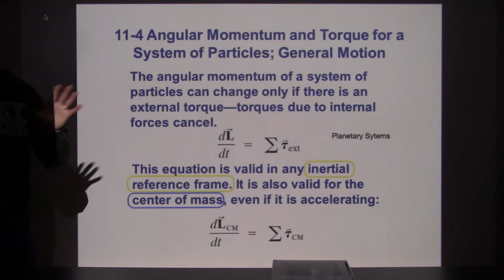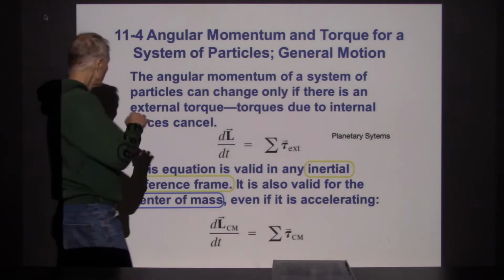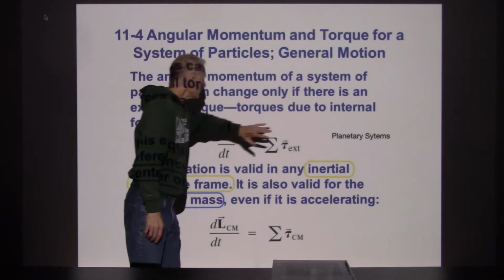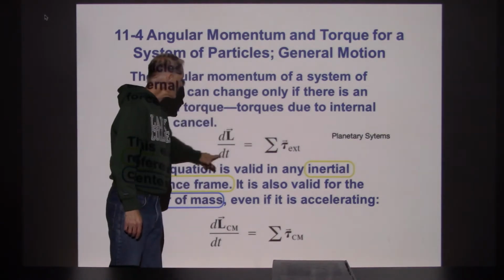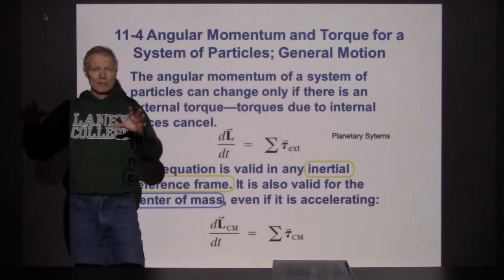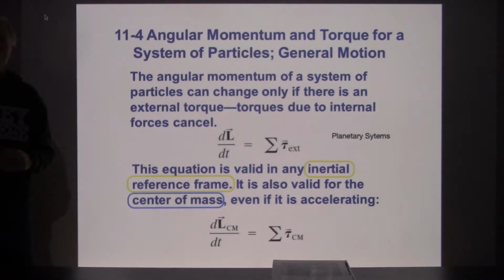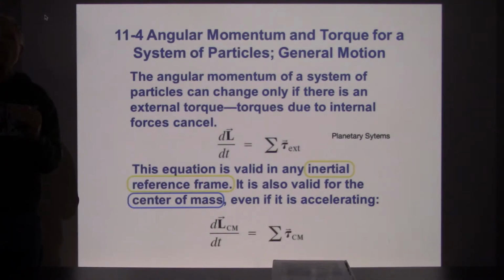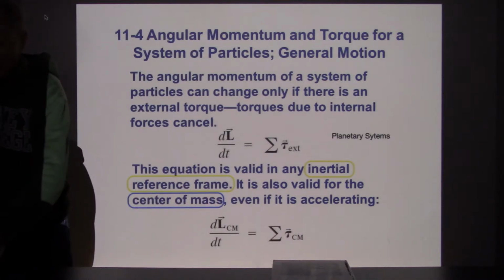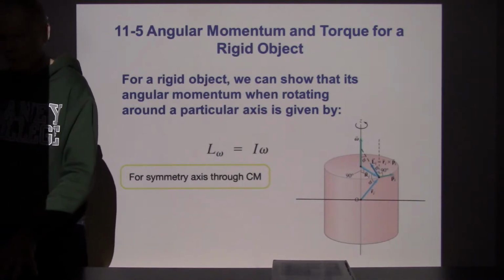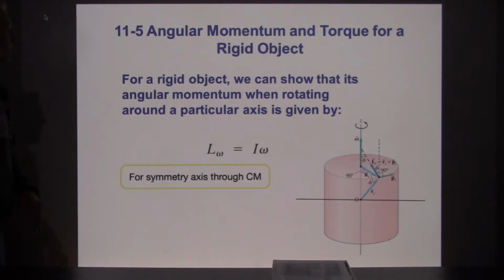Okay, so again, if we assume that the solar system is isolated and that there are no external torques, then the total angular momentum of the planets and the Moon and the Sun and everybody remains constant, even though that angular momentum can be transferring back and forth between different objects within the solar system.